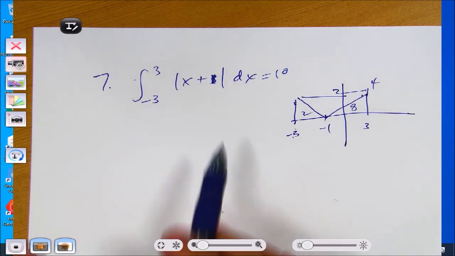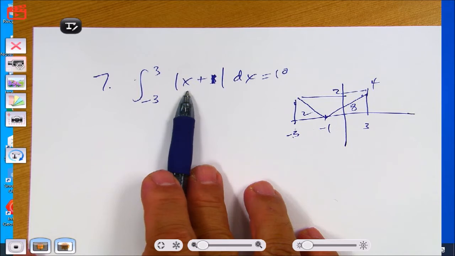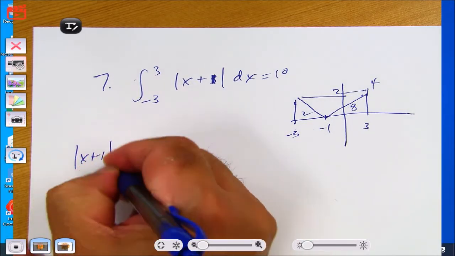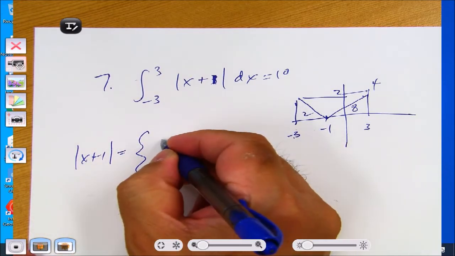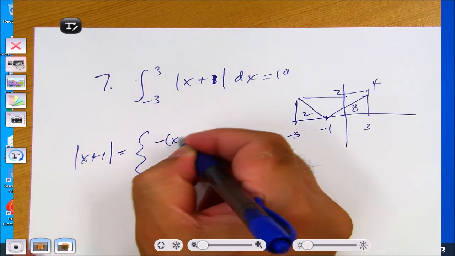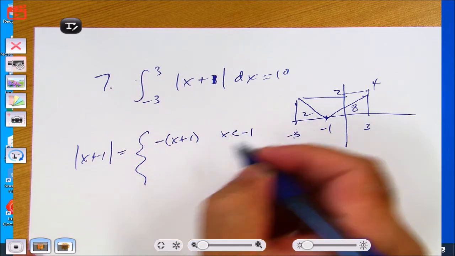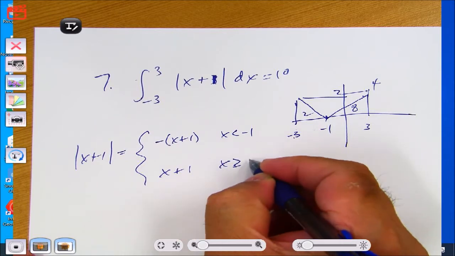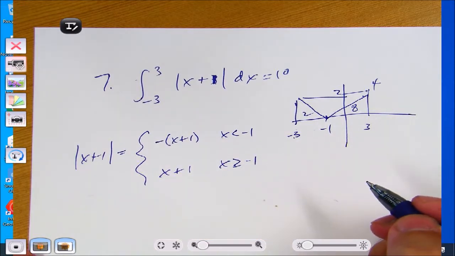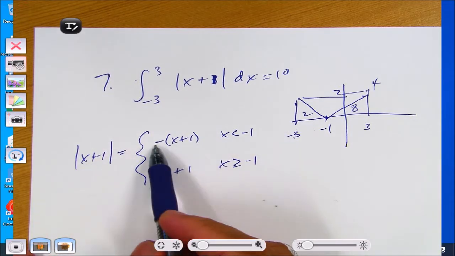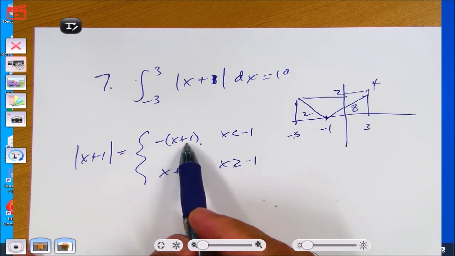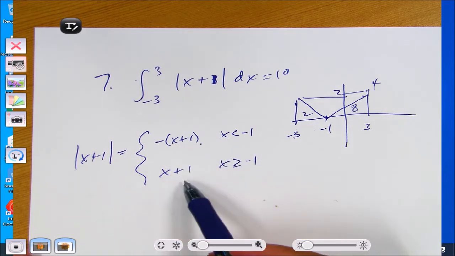Anybody want to see me do this without graphing it? Yes. Alright. So I know that absolute value of x plus 1 can be written as a piecewise function: negative of x plus 1 when x is less than -1, and x plus 1 when x is greater than or equal to -1. Well, for absolute value, you take the opposite of what's inside when it's negative, but you keep what's inside when it's positive.